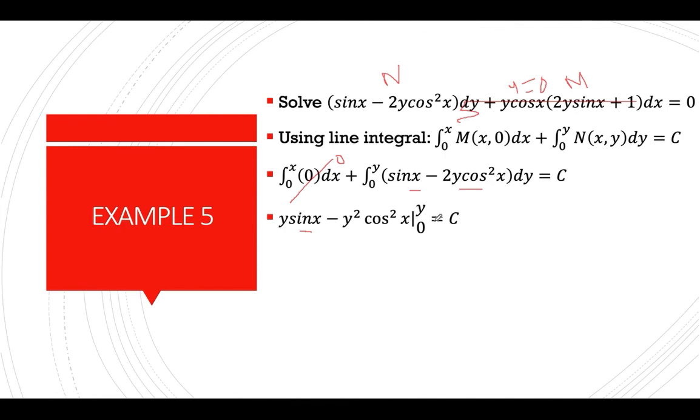Cosine squared x is constant, so you just copy. Okay, and then substituting the limits, y minus 0, so you get the same equation, y sine x minus y squared cosine squared x equals c.